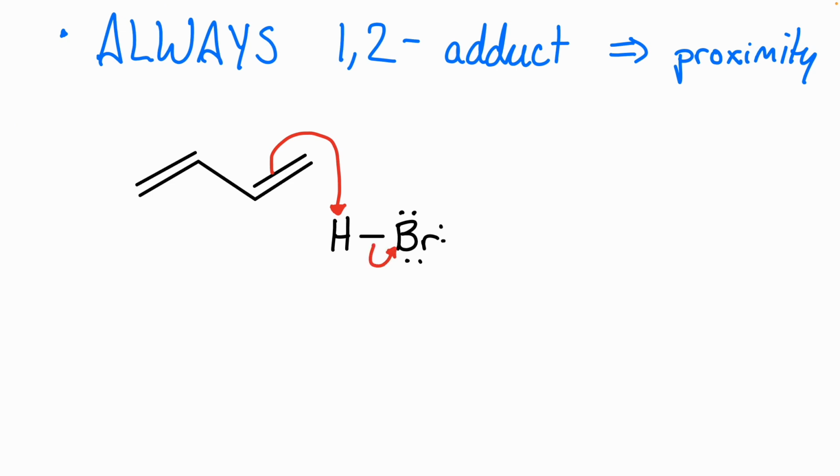Hydrogen can't have too many bonds, so it's got to give up that pair of electrons to that bromine.